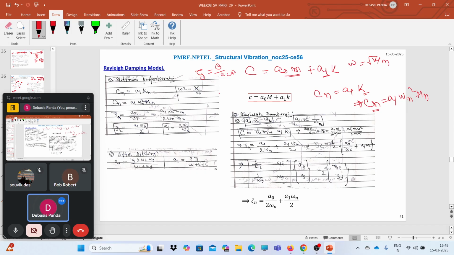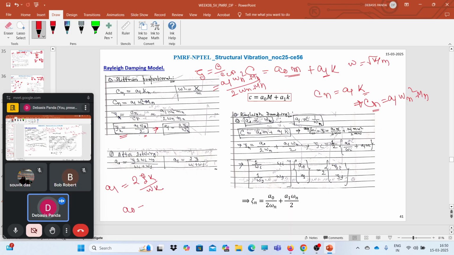So precisely in that equation, instead of C, if you use Cn, a1 omega n square Mn divided by CCR, and we know the value of CCR is twice omega n Mn, we are left with zeta k is equal to a1 omega k by 2, which leads to a1 is equal to twice zeta k divided by omega k.